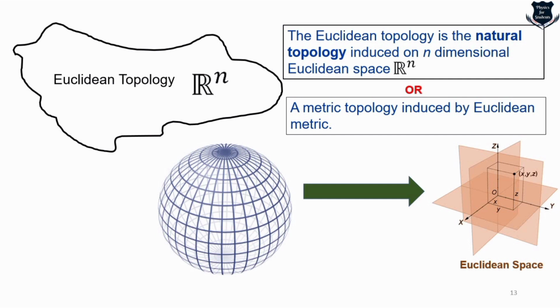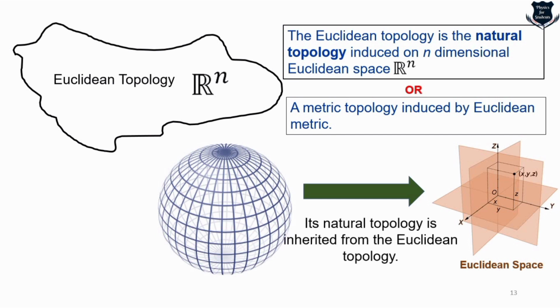So its natural topology is inherited from the Euclidean topology. It arises naturally from the Euclidean space. That is why I have written that the natural topology is inherited. That means its father is basically the Euclidean topology.